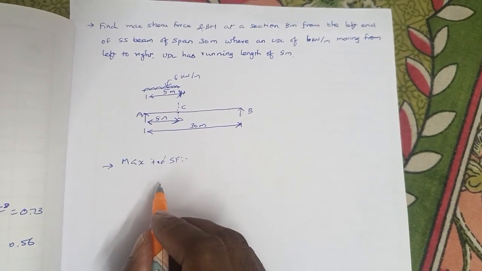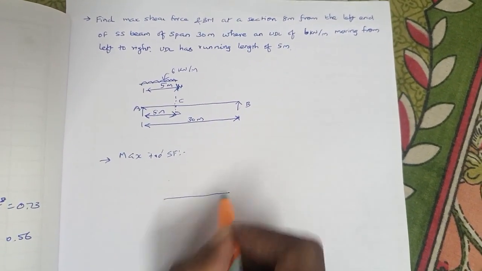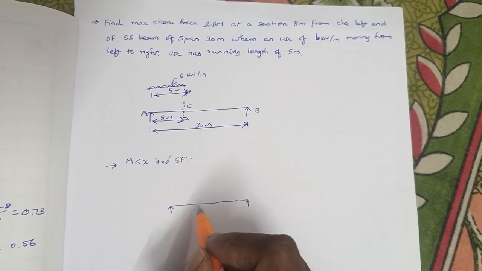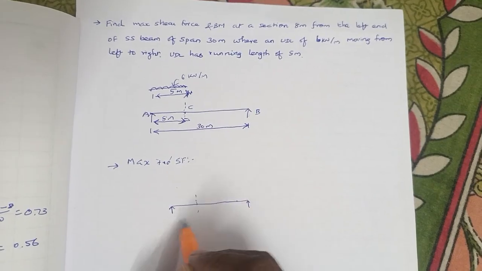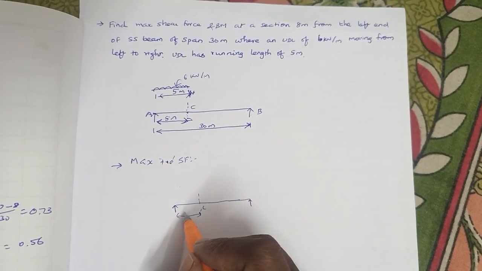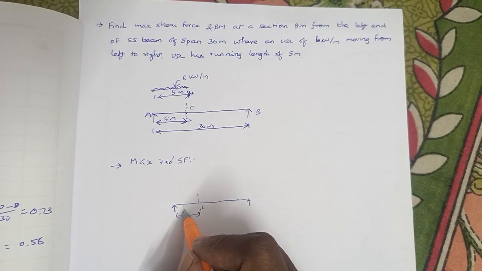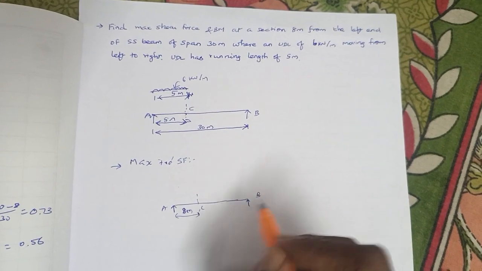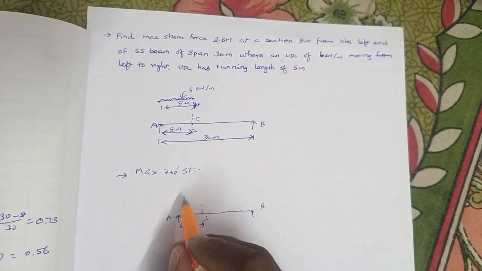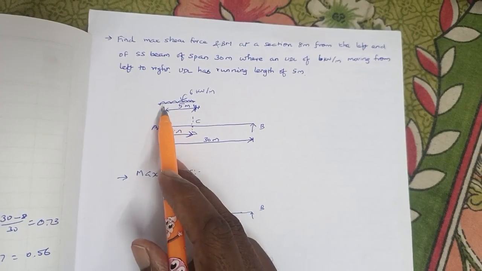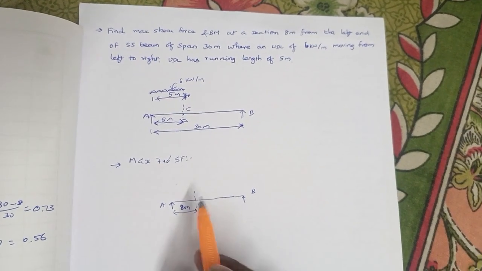To find the maximum positive shear force, the main condition is that, due to a moving UDL, see this is a section which is 8 meters from the left end. To get the maximum positive shear force, the tail of this UDL should be placed at the section.